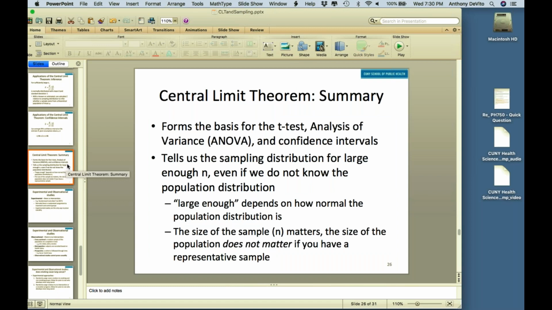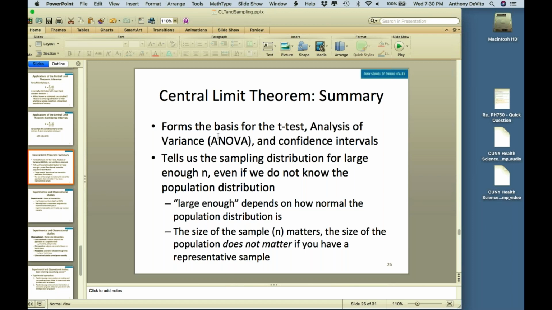Okay, this idea, central limit theorem, forms the basis for calculating confidence intervals, which we're going to learn about shortly, doing something called a t-test where we compare means, doing something called analysis of variance where we calculate the likelihood of different means for different populations, more than two means, more than two populations at the same time, and so on.